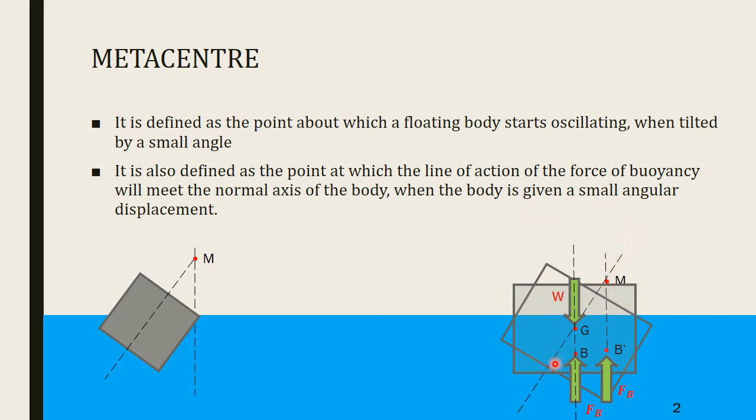This is the initial axis where center of gravity and center of buoyancy had lain, and once tilted, this is the normal axis of the body. Center of buoyancy has shifted to B dash, and when we extend the buoyant force line, it will coincide with the normal axis at a particular point, which is defined as metacentre M.